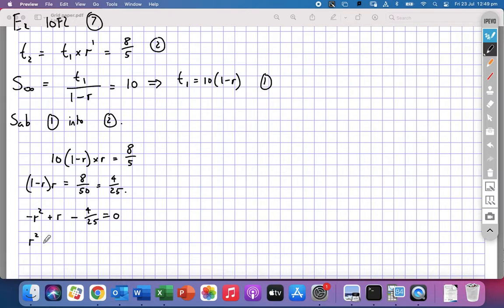You could divide through by minus 1, or multiply through by minus 1, so we get 25R squared minus 25R plus 4 equals 0.